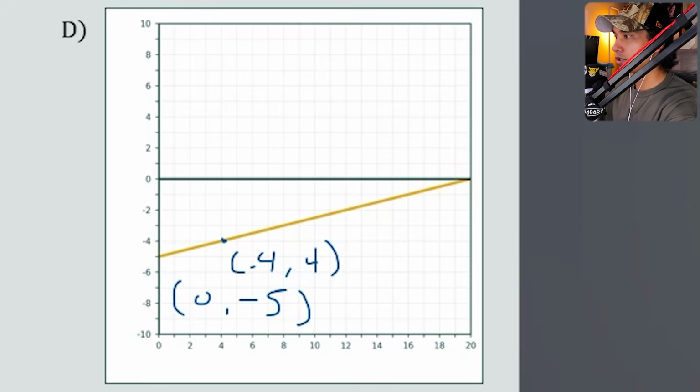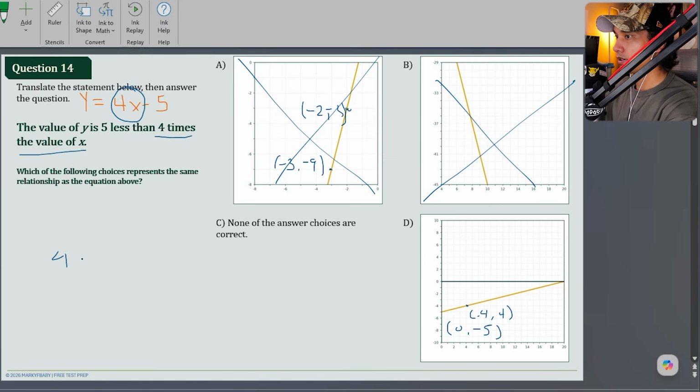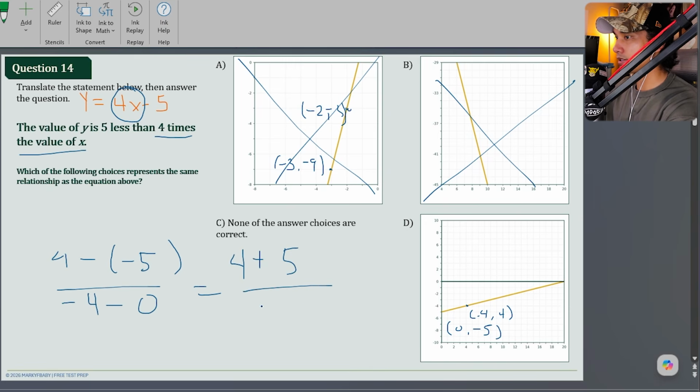So let's go ahead and do 4 minus -5, and then -4 minus 0, and that was a -4. And then we get 4 plus 5, and then this one is -4 equals 9 over... is that right?